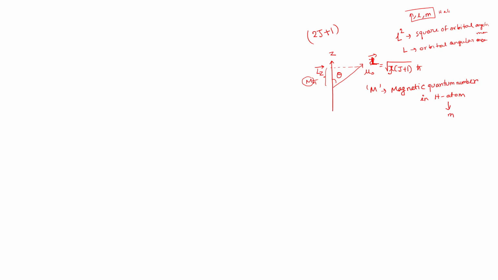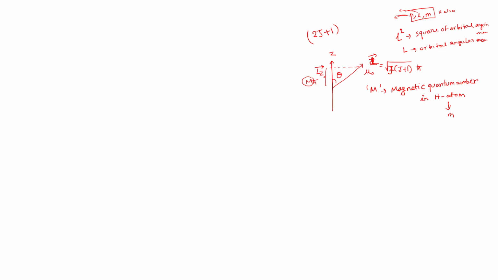N gives you energy, L gives you the direction, and M gives you, am I talking sense, or am I making some mistake? I think L gives you an idea of the position, and M gives you Lz, the projection of the orbital angular momentum on the Z axis.